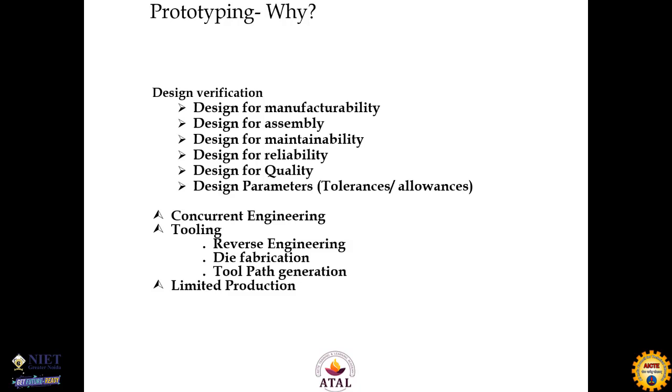Concurrent engineering means RP technology is very useful for the concept of concurrent engineering. Traditionally, if we wanted to design a part, we had to work in isolation. There was no consideration of the manufacturing facilities, skills, or machines available, and no person from the manufacturing department participated in the design process.